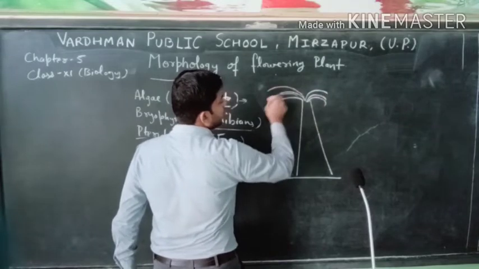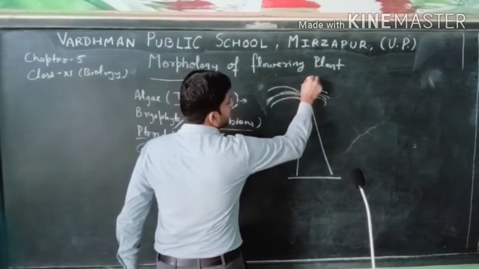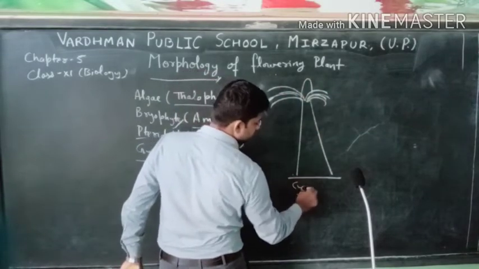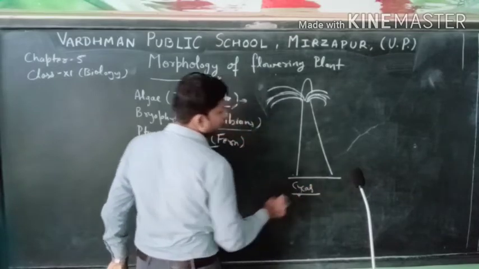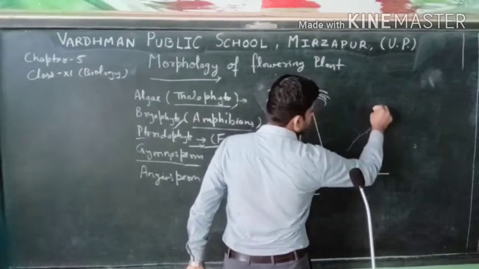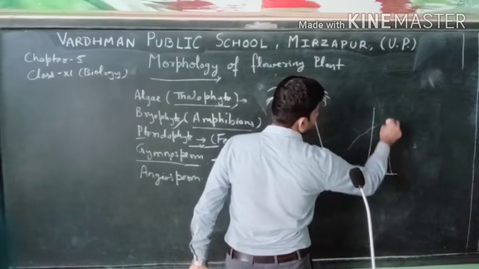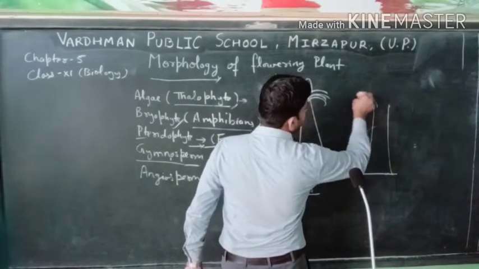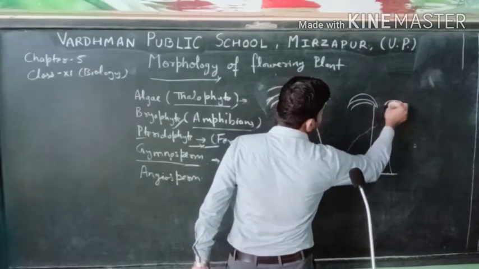If we see this plant, this is the Cycas plant, where they develop cones. Here male and female parts are present on different plants.